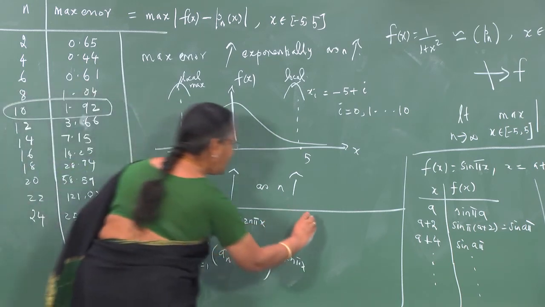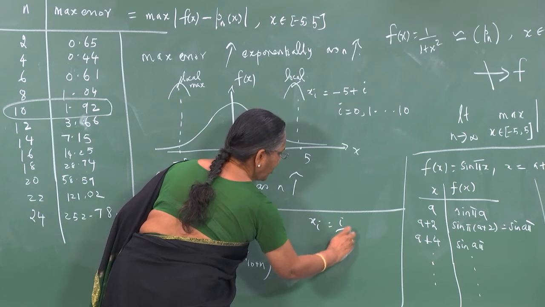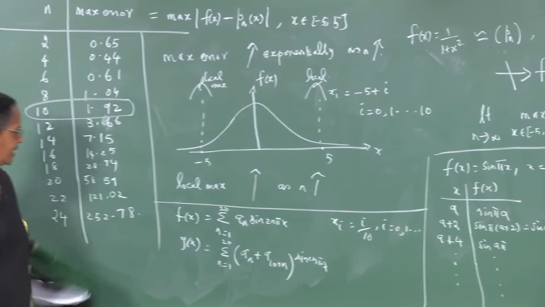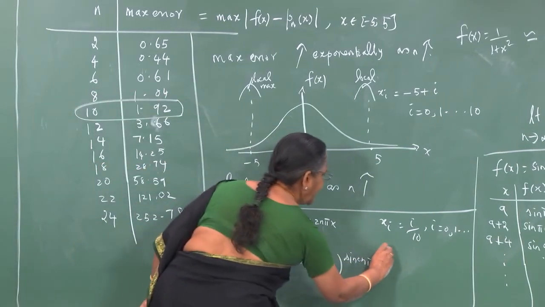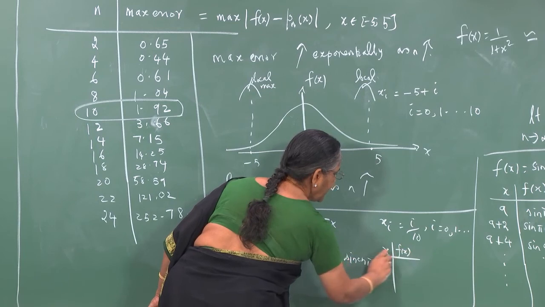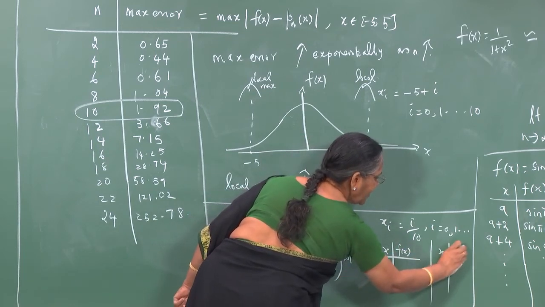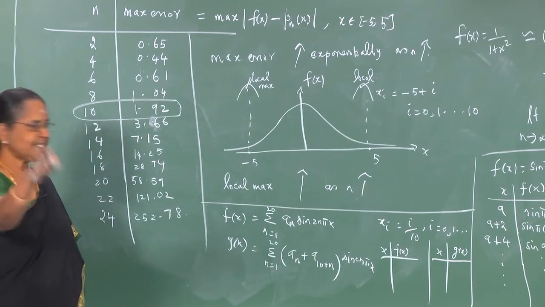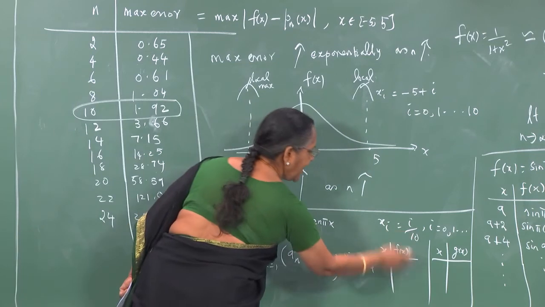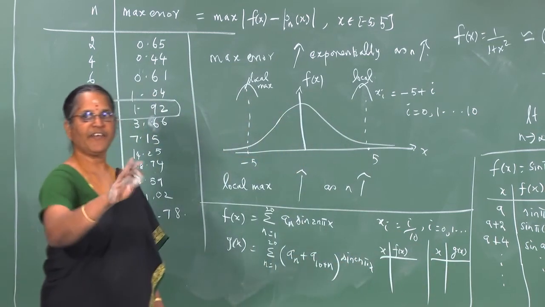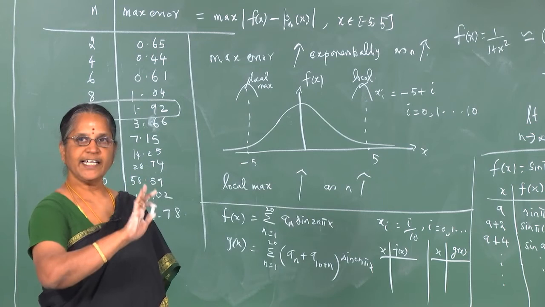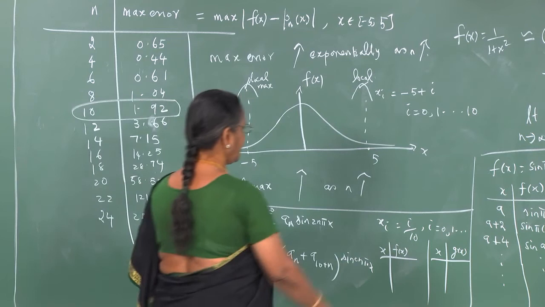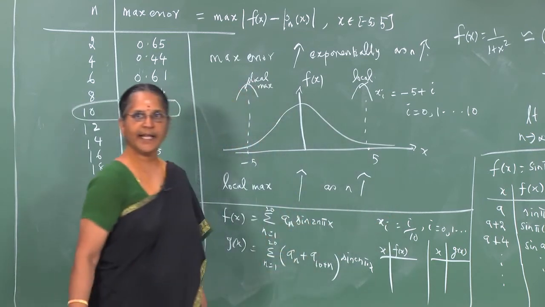And I shall consider the nodes as xi, which is equal to i by 10 for i is equal to 0, 1, 2, 3, etc. And write down the table of values for the function f of x and the table of values for the function g of x. You will observe that f of x and g of x have identical values at the set of points xi that you have considered, namely i by 10.